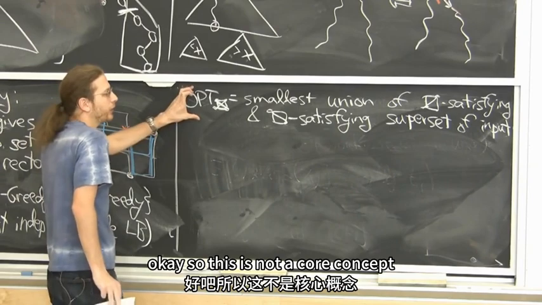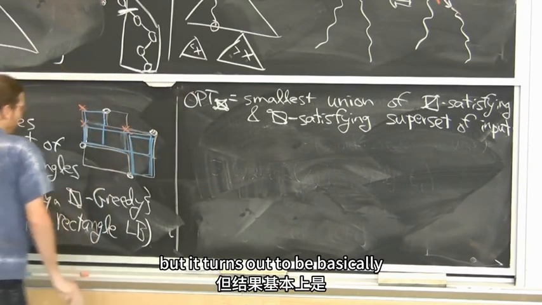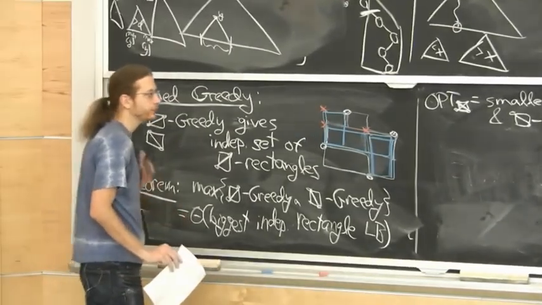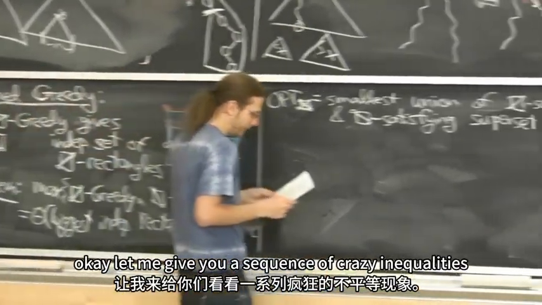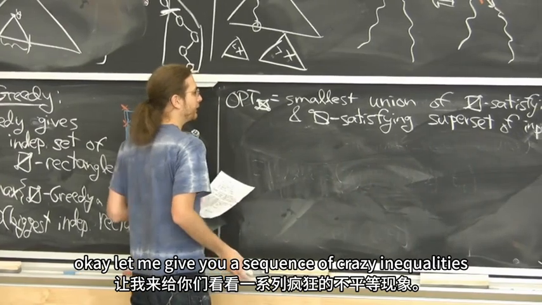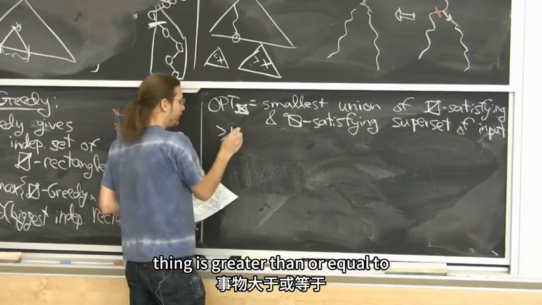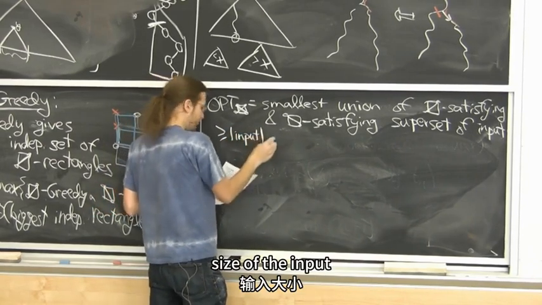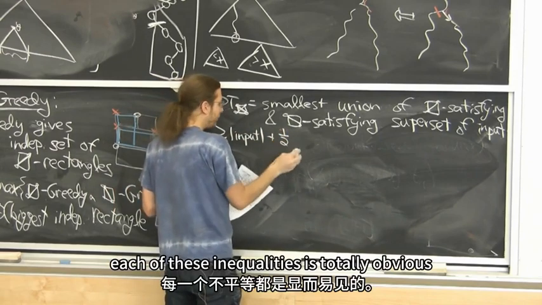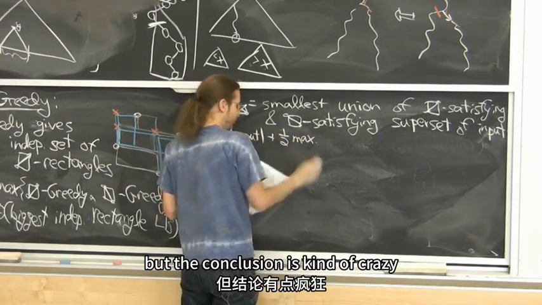Okay, so this is not a core concept, but it turns out to be basically what we're doing over here. Okay, let me give you a sequence of crazy inequalities. First one is that this opt thing is greater than or equal to the size of the input. Each of these inequalities is totally obvious, but the conclusion is kind of crazy.